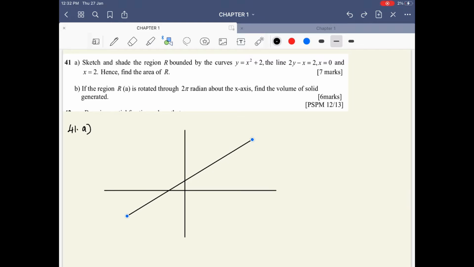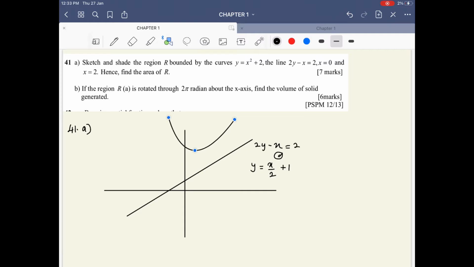So we have the straight line, which is 2y minus x equals 2, or if we rearrange that, we get y equals x over 2 plus 1. And then another one is we have a curve.